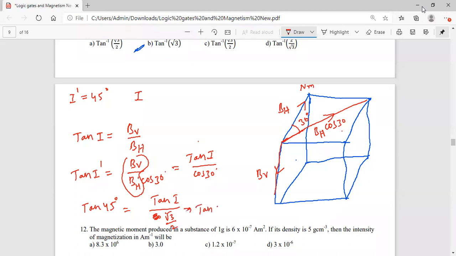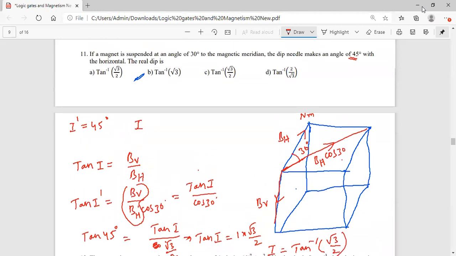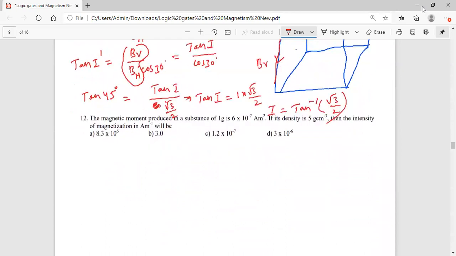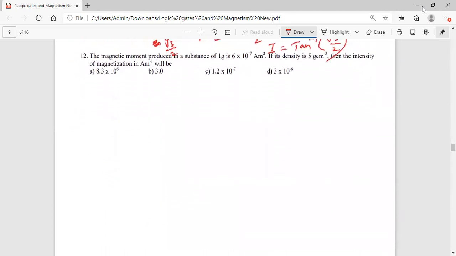Therefore, tan I is equal to 1 into root 3 by 2, or I is equal to tan inverse of root 3 by 2. Option C is the correct answer.